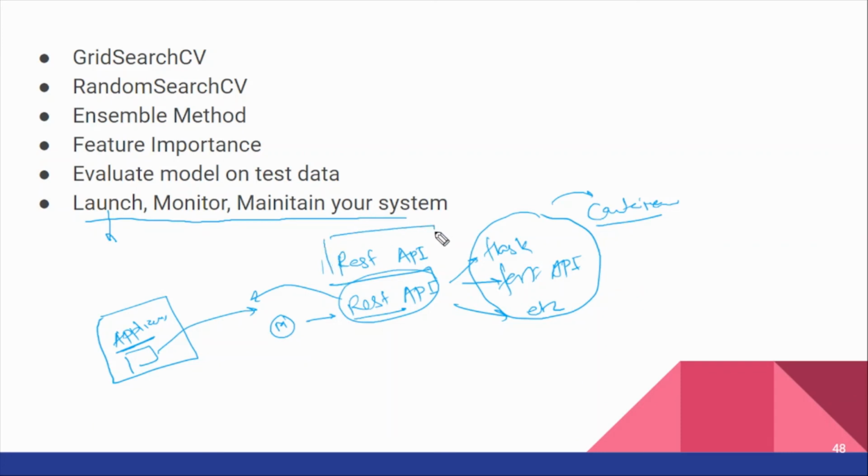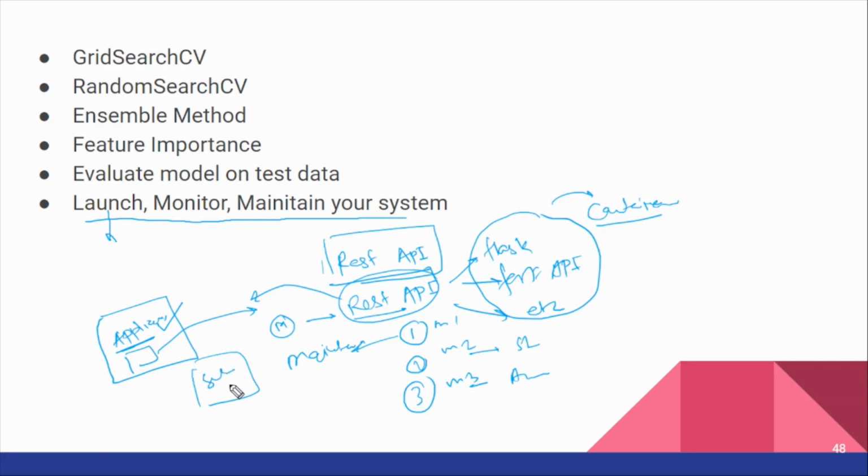Now what is the advantage of REST API? It is very easy to maintain your system. It is not dependent on your application. Suppose you have 2-3 models with you, let's say model 1, model 2 and model 3. Model 1 is currently in production, model 2 is currently in staging, and model 3 is archived. Suppose somehow your model 1 is not performing well on the new set of data.